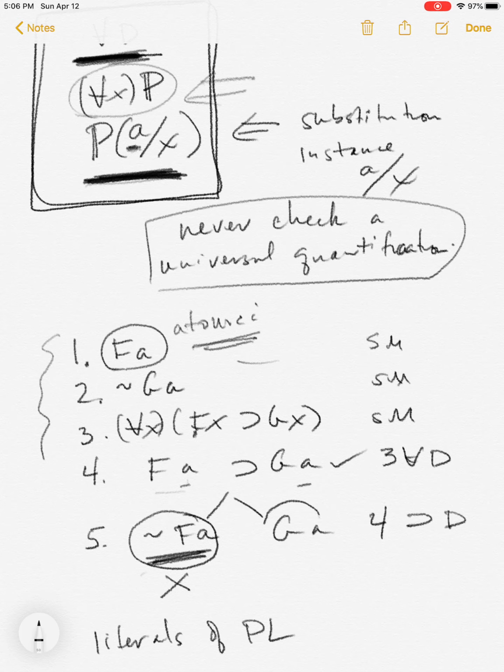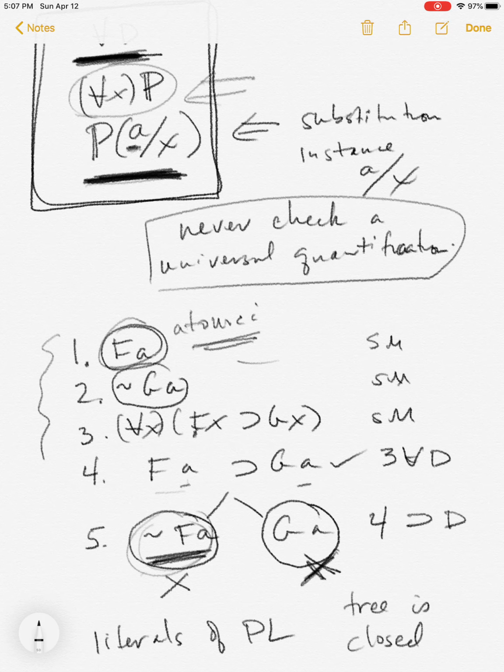And here I've got GA on line number 5 and not GA on line number 2, so that branch closes as well. GA and not GA are literals, so we have an atomic and its negation, and here we have an atomic and its negation. So both of these branches close, so the tree is closed.